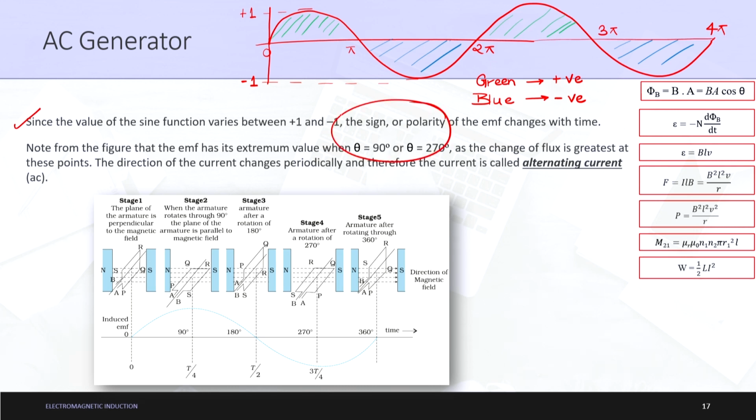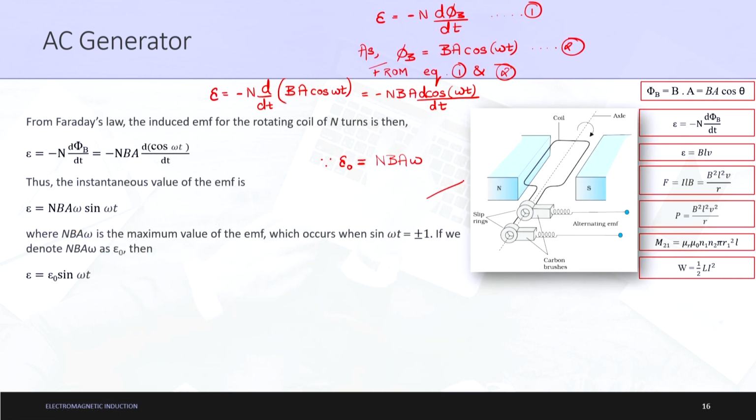The same thing is written here again, that the sign or polarity of the EMF, where EMF is voltage or epsilon value, changes with time, that is, with time the value can be plus or minus. Next point, note from the figure. Please look over this figure here and the AC generator figure also.